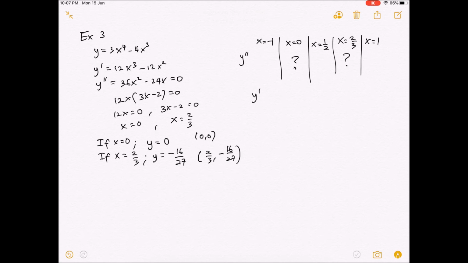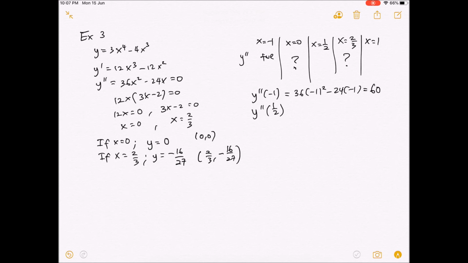So y double prime of negative 1 will be 36 times negative 1 to the power of 2 minus 24 times negative 1, which is 60, positive.